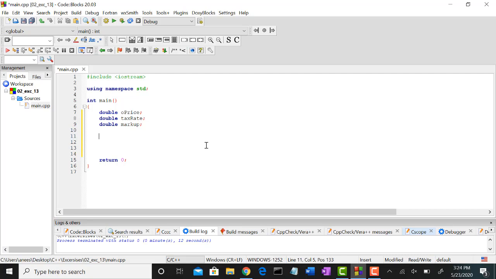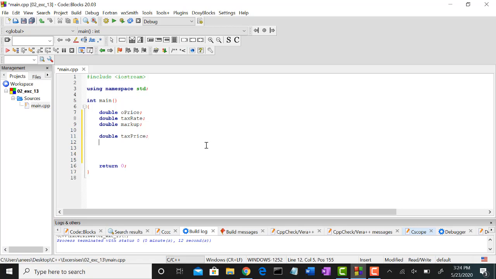Next we will have double taxPrice. This is going to be the price in dollars of the tax.